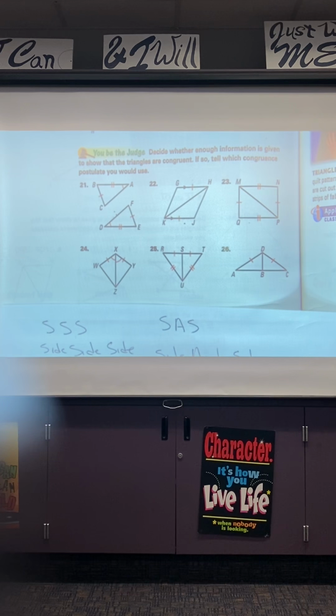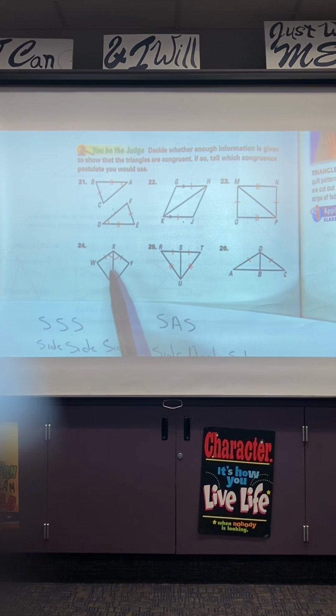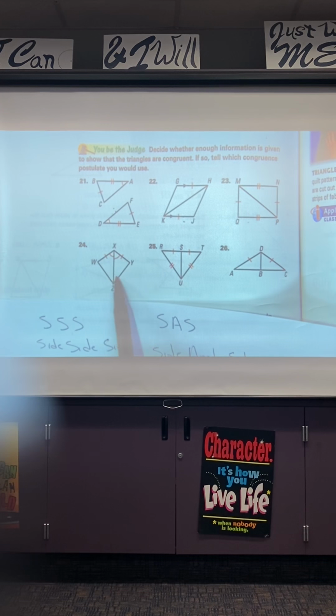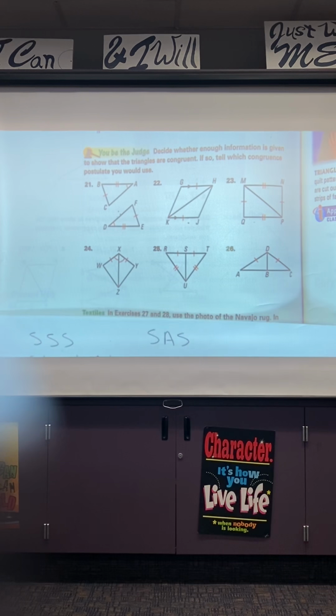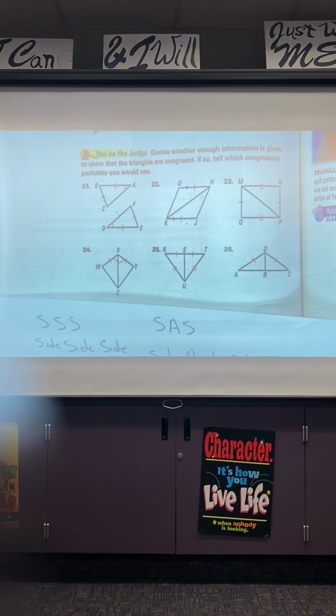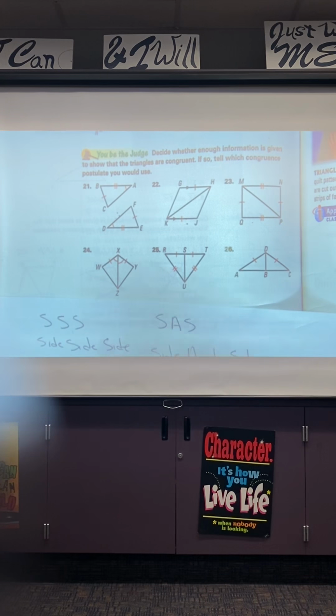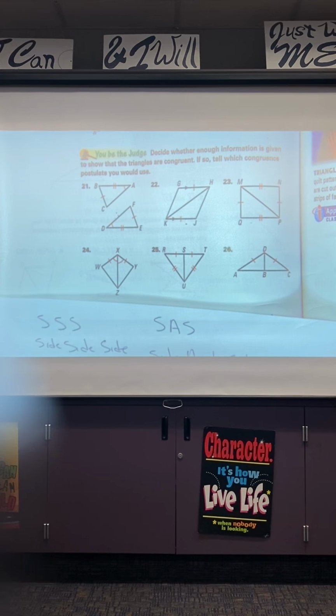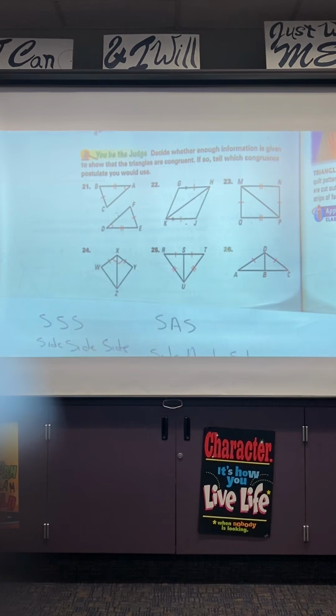Now let's take a look at number 24. Okay, so number 24, again, we have this segment in the middle that is part of the 2 triangles, so therefore we know that it is congruent, even though there's no information that tells us right away. But we know that WX is congruent to segment XY, or side XY. There's also an angle that is congruent.